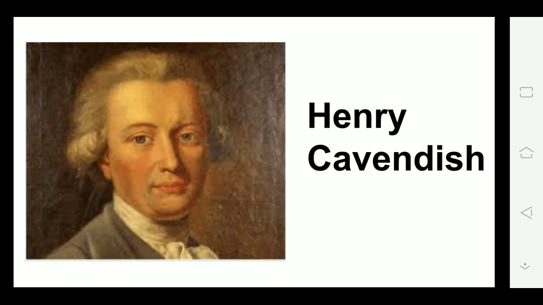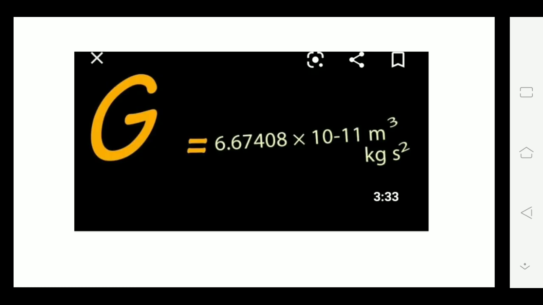Henry Cavendish gave the experimental measure, or the value, of capital G. The value of capital G is 6.673 into 10 raised to minus 11 Newton meter square per kilogram square. Now the unit of G is Newton meter square per kilogram square.